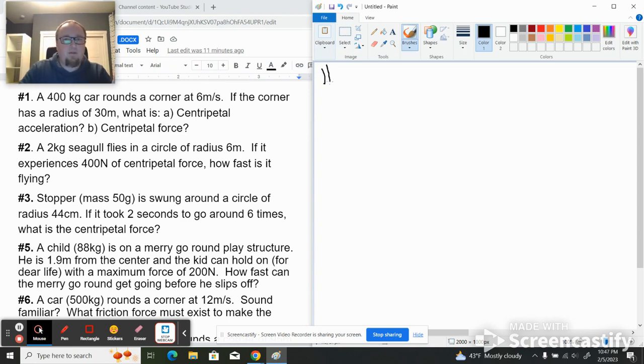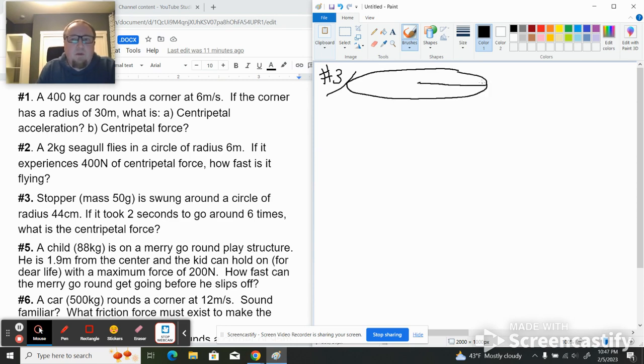All right, so number 3. This is a stopper lab. If you were not here for the lab, this is the most confusing question you've ever seen, because you're like, it doesn't even make sense what you're asking. So what we had is a string attached to a little stopper that moved around in a circle.